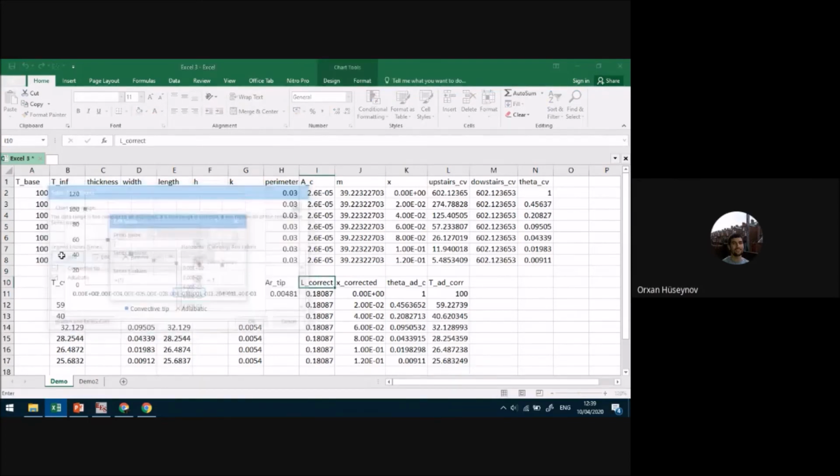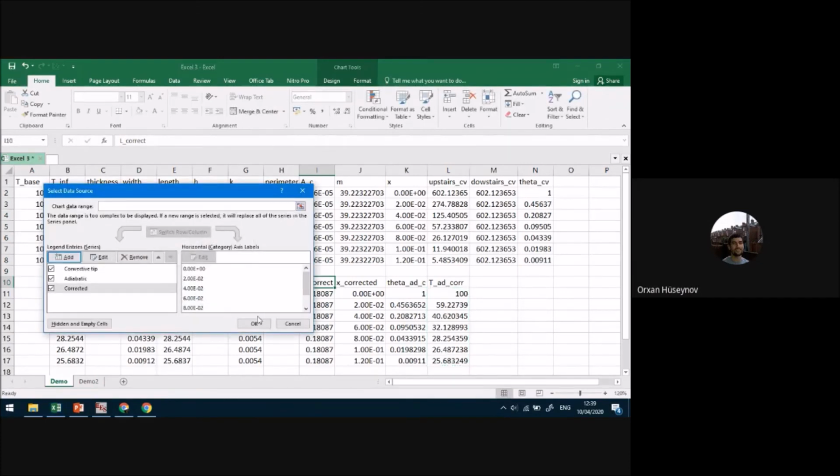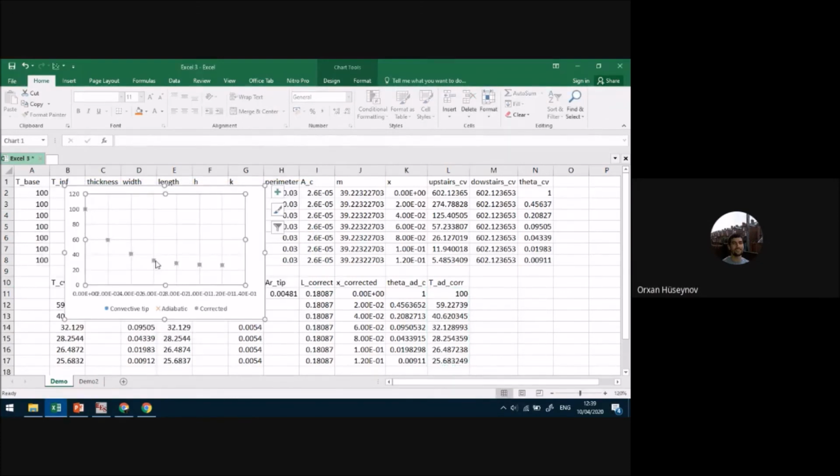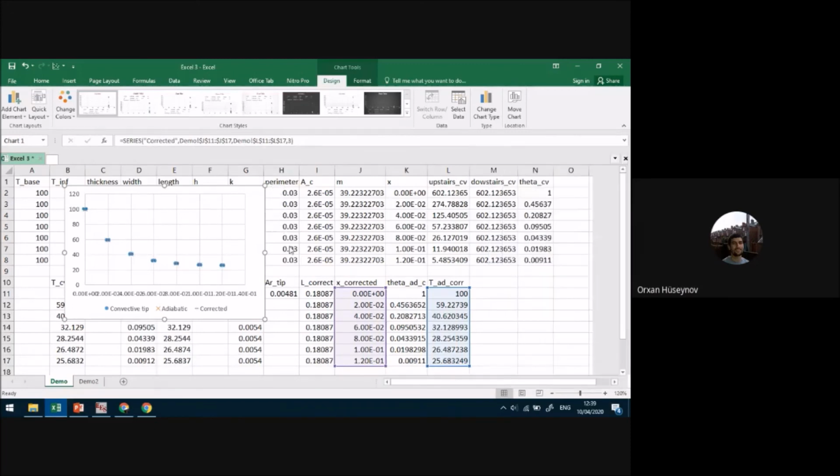So let's select data, add this one, corrected, and the x values will be the values that we have here. The y values will be corrected. Okay, you can add it. Okay, so all of them are in. So let's again change it to this one.